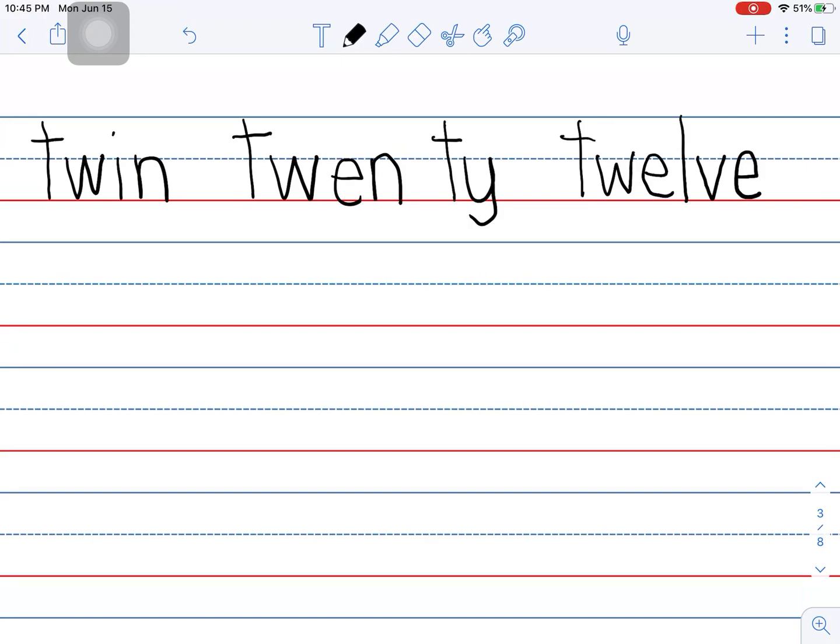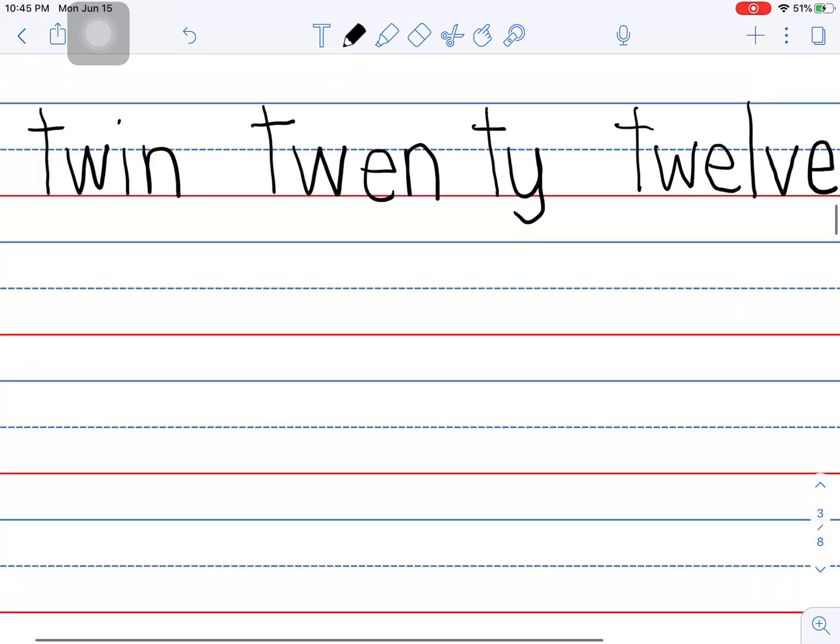Do you see something happening with these words? Twin, 20, 12. How about the word that means if I do something 2 times? If I do it 2 times, I'm doing it twice. Say the word twice. Twi, and we use the I to say I. Twice.